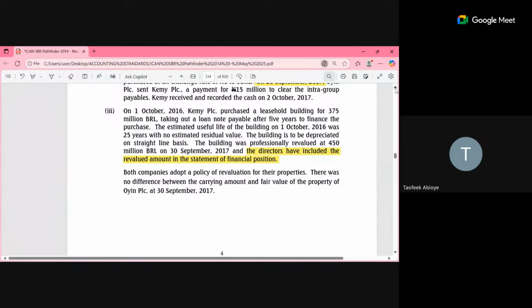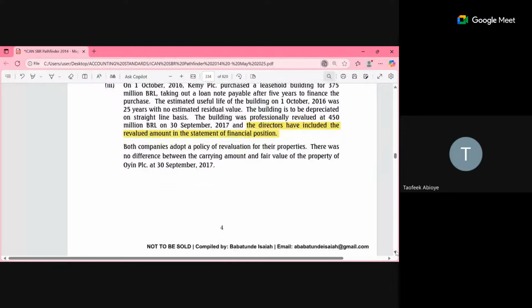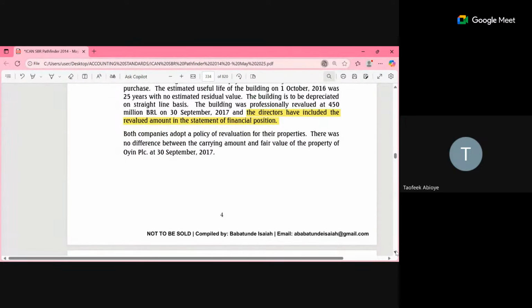Then, however, in 2017, it was revalued to 450 million. So there will be a revaluation surplus. But this revaluation surplus has been included. It is very, very key. If it has not been included, it will be a different ball game. But the examiner told us that it has been included, right? So we must be very, very careful about it.